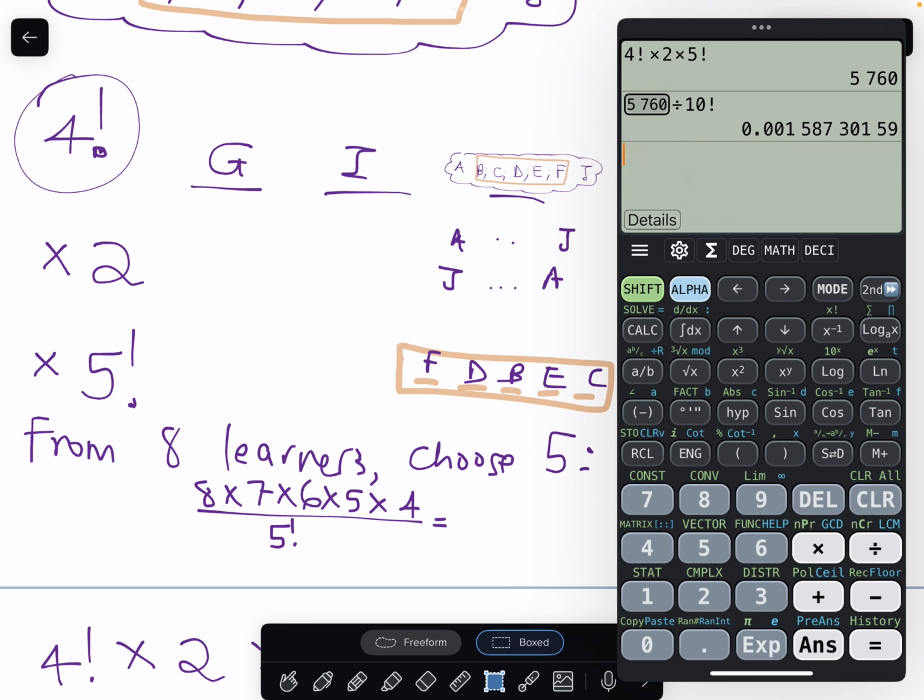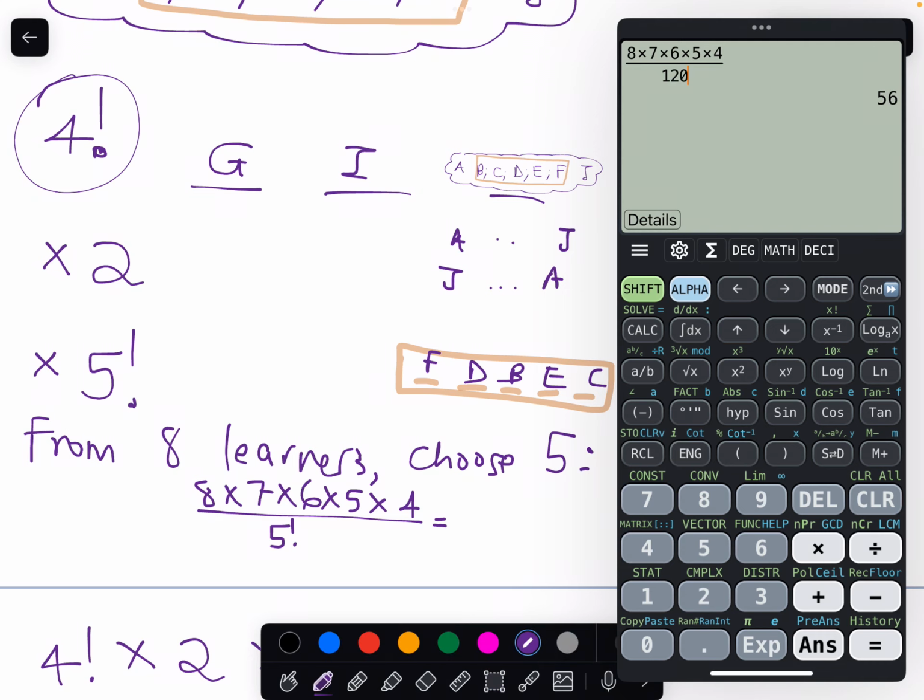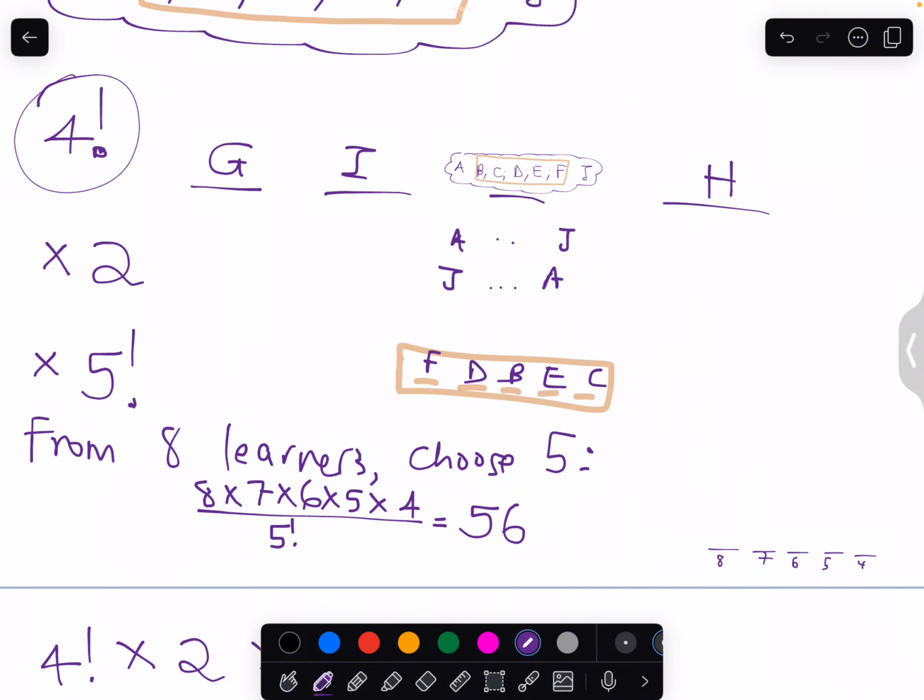What am I doing? Five factorial is 120. It gives us 56, man. Okay, right.